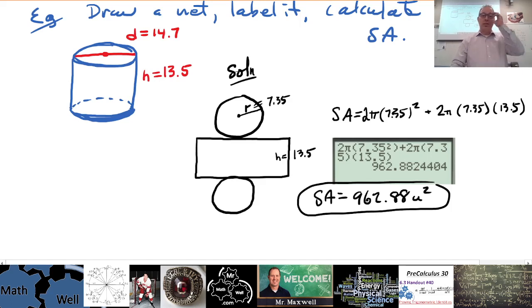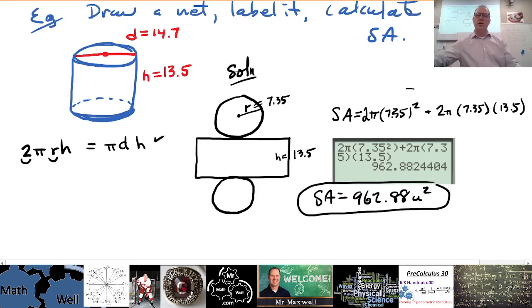Now I will mention something that I saw here, which I'm actually really glad that I saw because it gives me an opportunity to talk about it. When we were talking before about diameter versus radius, something interesting. In 2 pi r h, you can use the diameter here, and this can be pi times d times h. That's okay.